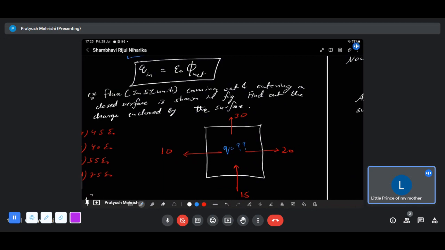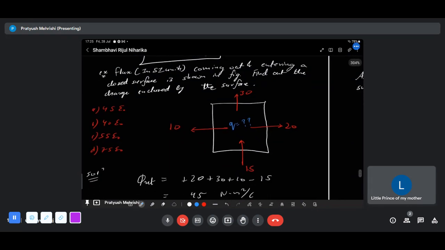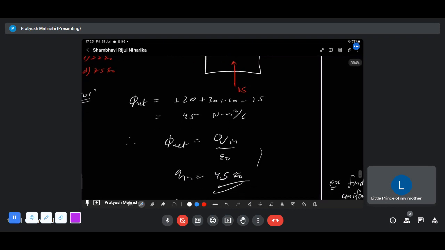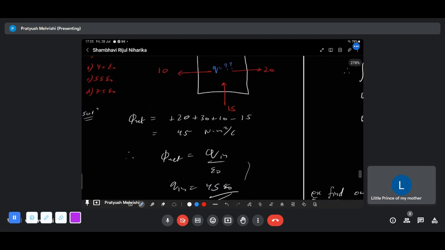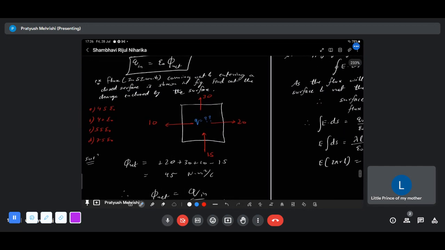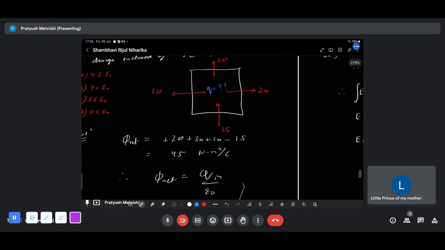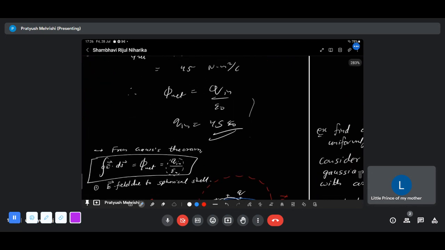Sir, 45 we can say, option 1. 45 epsilon naught is the correct answer. Very good. Option 1 is correct. How? We calculated the net flux, and net flux is directly proportional to the charge enclosed. So we multiply the net flux by epsilon naught, and we get the total charge enclosed inside.